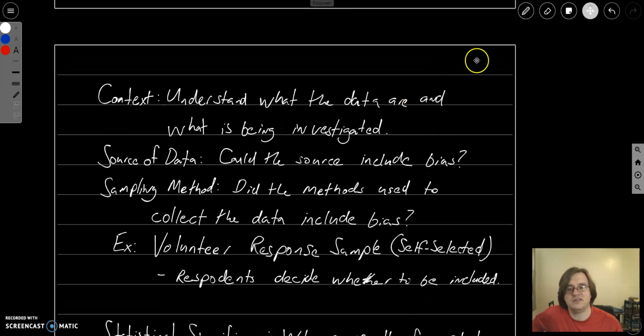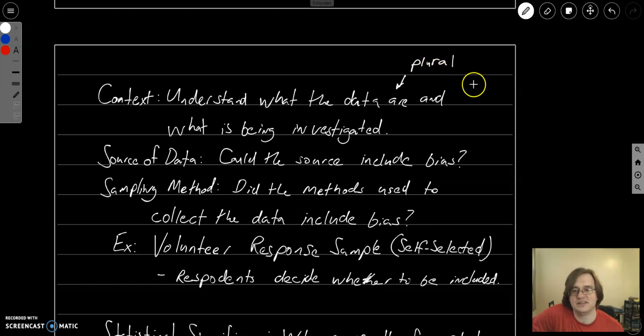But the context of the data is really understanding what the data are. Note that data is plural, so "data are" is the correct way to say this. So understanding what the data are and what is being investigated.